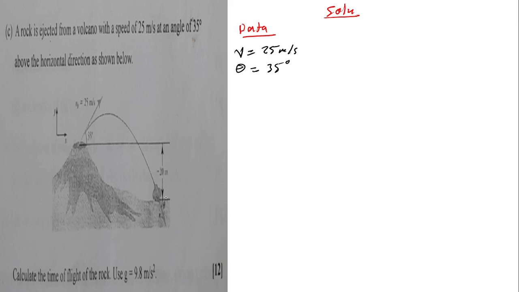The distance, which I can write as sy, is simply negative 20 meters, and then the acceleration due to gravity, which is 9.8 meters per second squared. What we have been told is to look for the time.